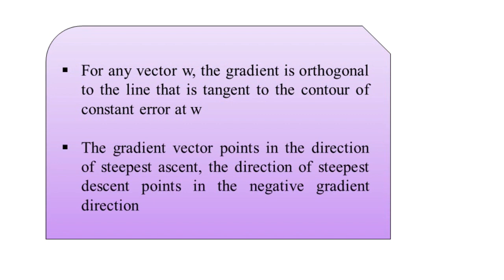Here the step size mu affects the rate at which the weight vector moves down the quadratic surface and must be a positive number. If mu were negative, it would move the weight vector up the quadratic surface in the direction of maximum ascent and result in an increase in the error.